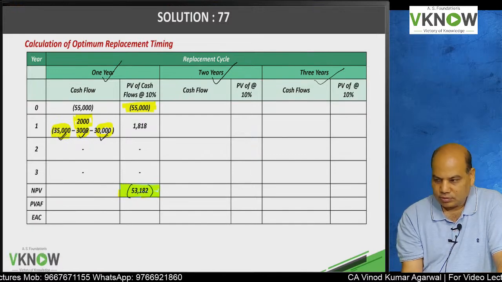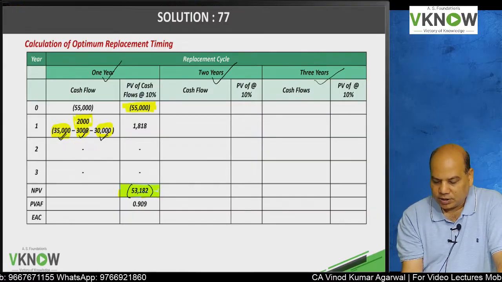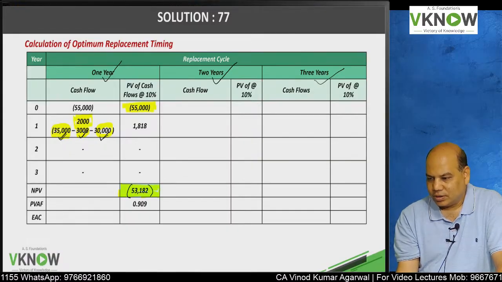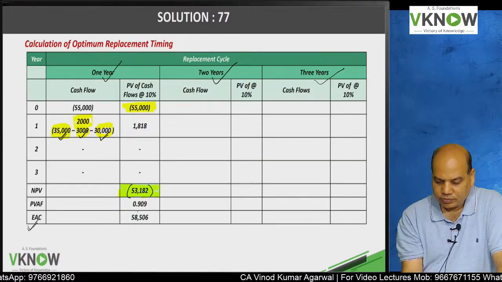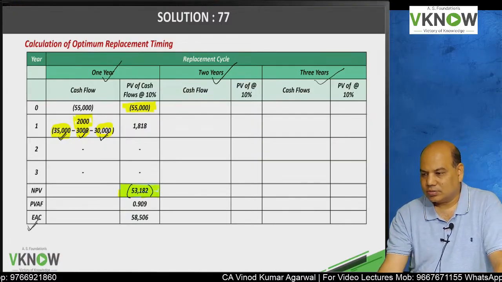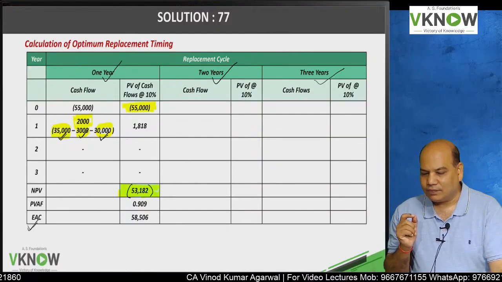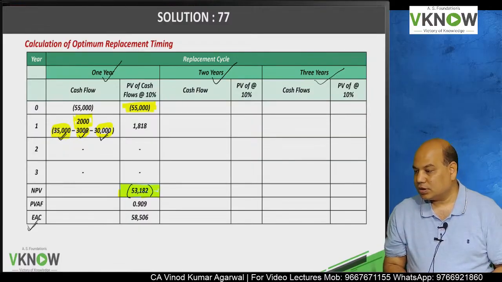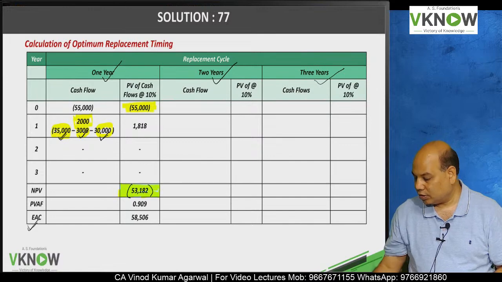The PV annuity factor for year 1 is 0.909, and therefore the EAC, if you replace every year, is 58,506. Please confirm. Is it right? 58,506. Very good.